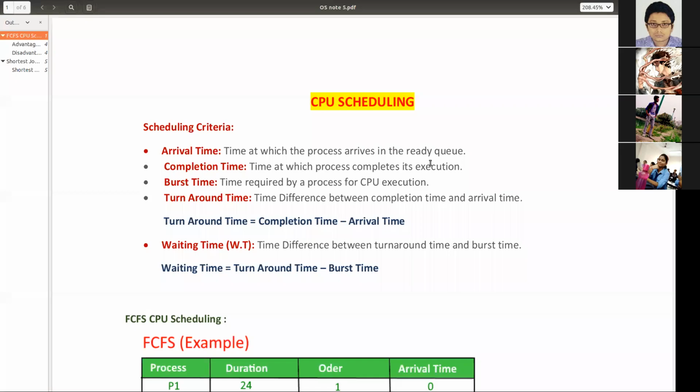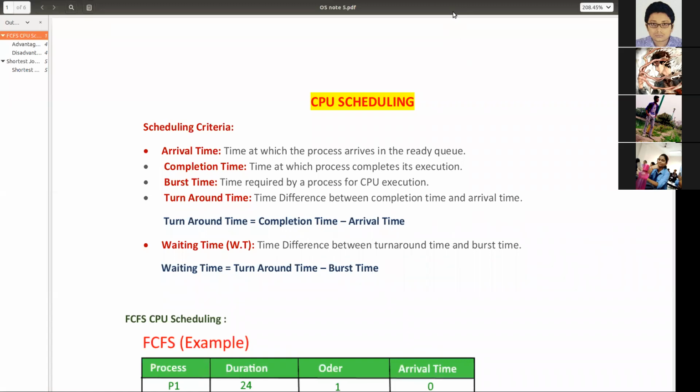Under the scheduling criteria, at first there will be arrival time. Now, what is arrival time? Time at which the process arrives in the ready queue, that is basically the arrival time.